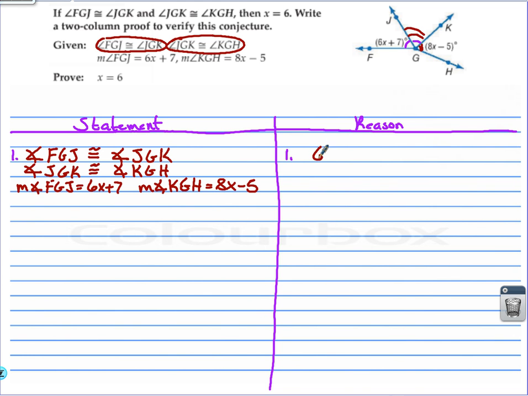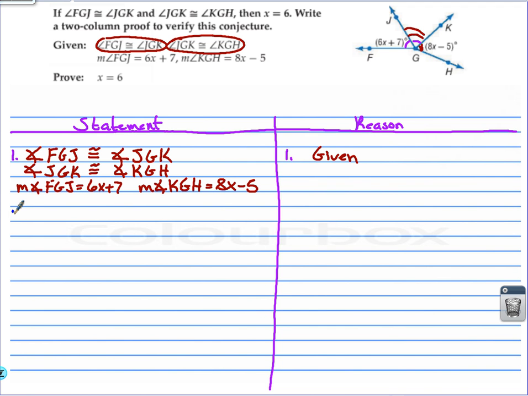Why? Good. Your first step is always listing what is given. And honestly, this will be the last problem I do that. I'm going to probably just leave this blank, come over here, put a 1 for given, and put a ditto or something just to save a little bit of time from here on out. But that first step is always list the things that you are given.